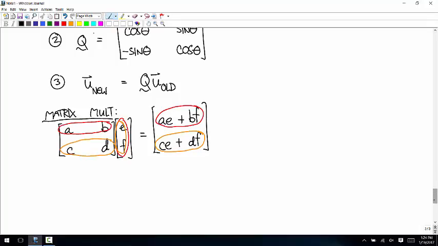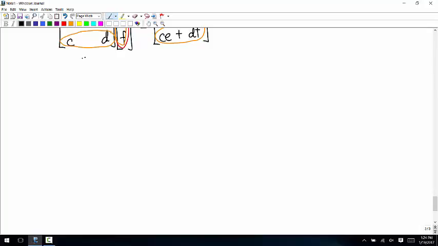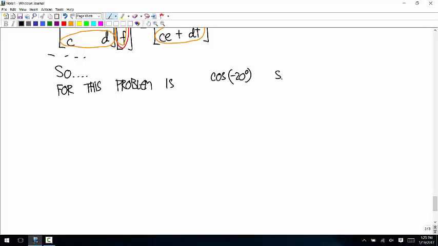Okay, so for us, that Q matrix for this problem is sine of negative 20, negative sine of negative 20, cosine of negative 20.